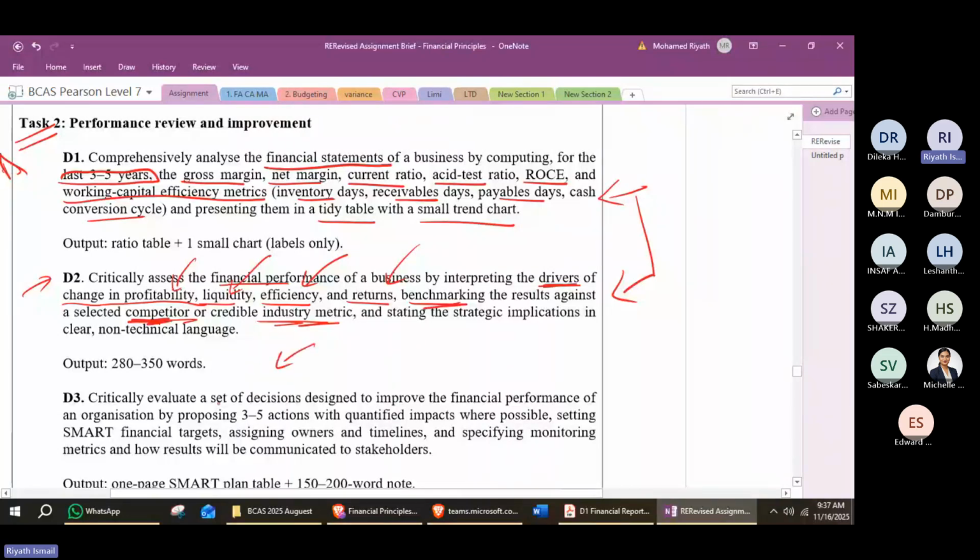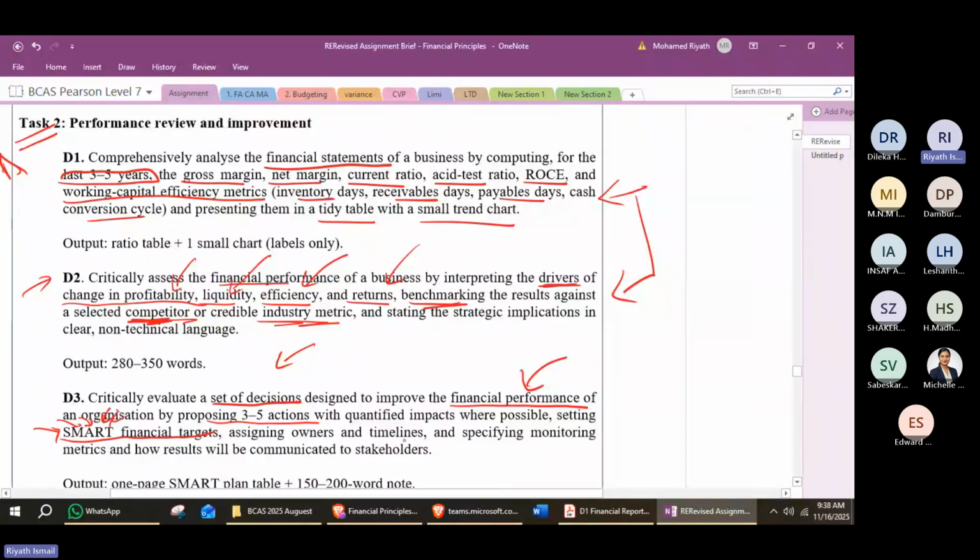Finally, you have to critically evaluate a set of decisions designed to improve financial performance. As a manager, you have to write a report. What's your proposal for an organization, proposing 3 to 5 actions with quantified impact where possible, setting SMART financial targets? SMART financial targets: you must study it: specific, measurable, actionable, realistic, and timeline.